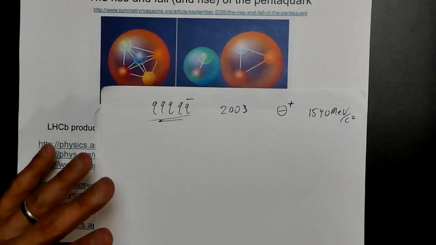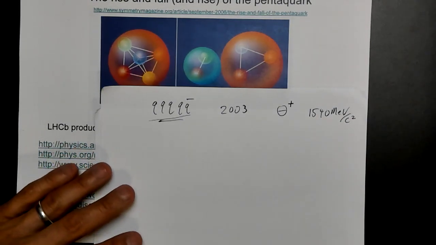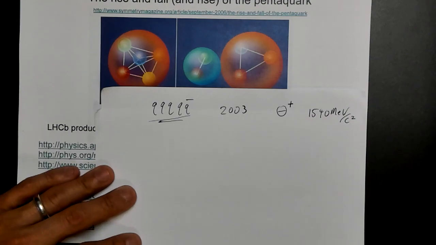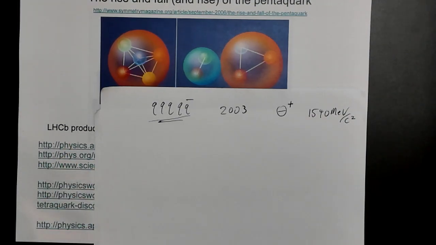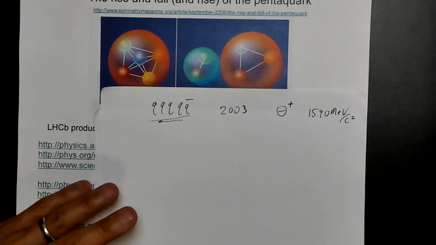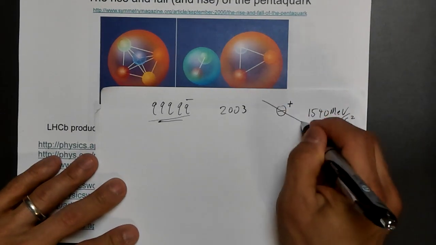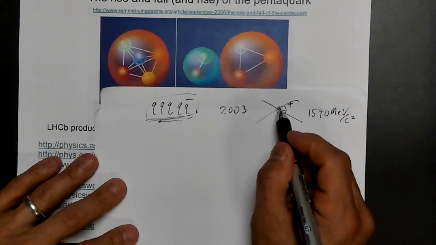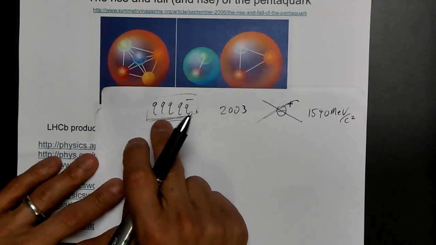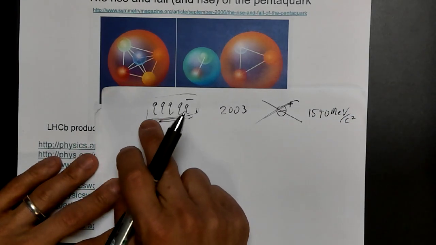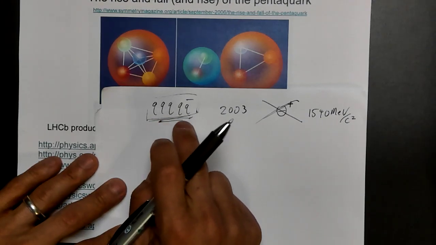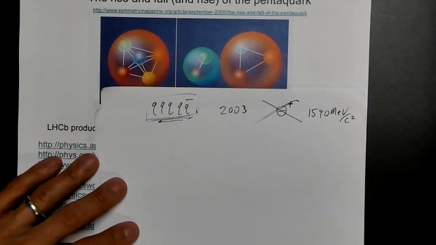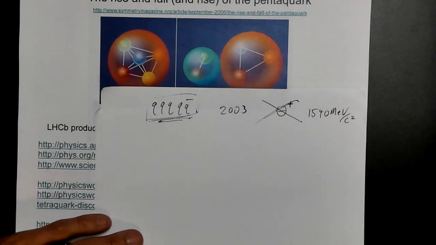Some saw it, but then a bunch of them didn't see it, and then eventually it was realized that this was probably an artifact of some detector cuts that they were doing. Anyways, it was not confirmed. So the thought was that there was some quark pentaquark state that could be here, something like a nucleon, or some baryon like a nucleon plus some meson that is bound together. So there was a lot of excitement, but that went away.